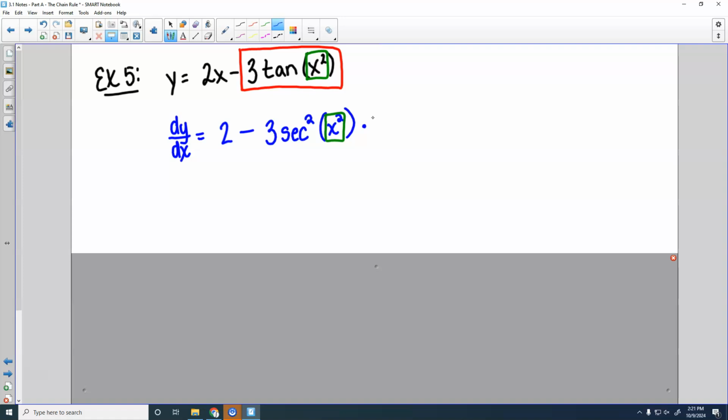What would that be? 2x. They probably will not do much with this except that here they're probably going to multiply that 2x by this 3 up here. So that'll give you minus 6x secant squared of x squared. And they'll probably leave it at that.